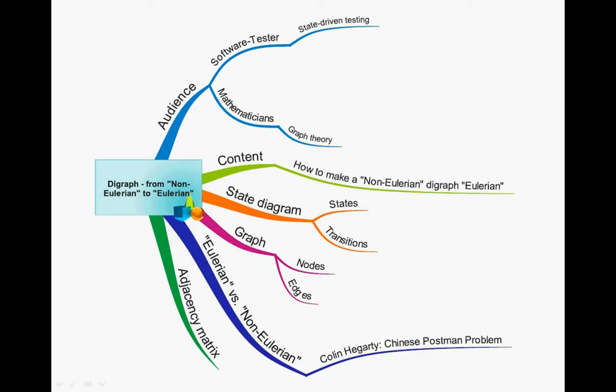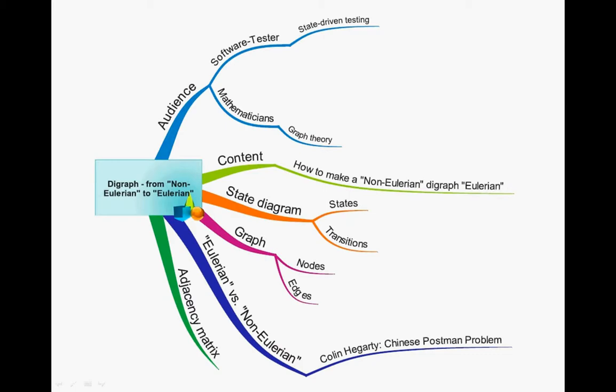So the adjacency matrix captures the information about who are the next neighbors of each node in the graph. In case where we see the graph from the perspective of a software tester, the adjacency matrix describes the previous and next states in the state diagram. We will see this shortly in this video.